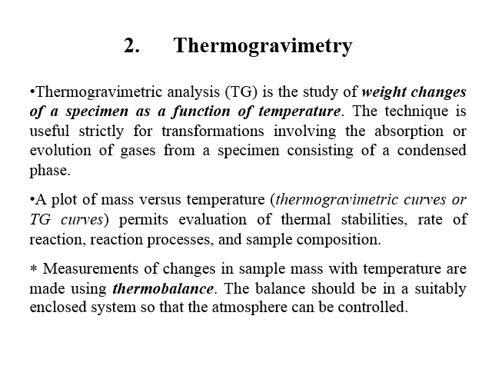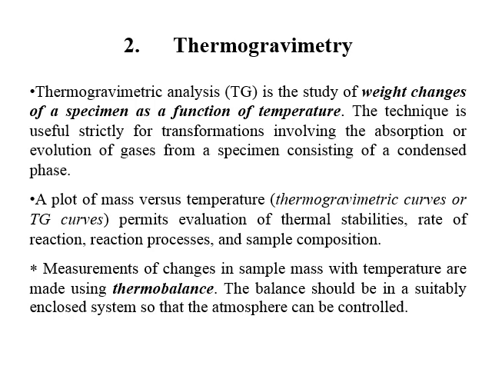Thermogravimetry, which is the first technique we'll talk about, is the study of weight changes of a specimen as a function of temperature. This technique is used strictly for transformations involving the absorption or evolution of gases from a specimen consisting of some kind of a condensed or solid phase. It's achieved by plotting a mass versus temperature plot.